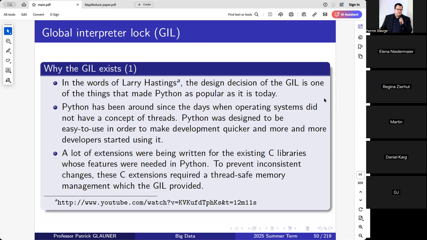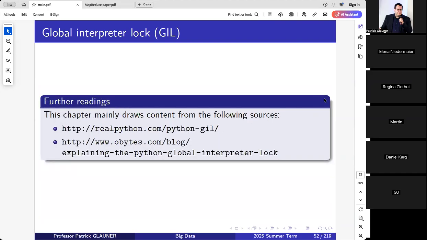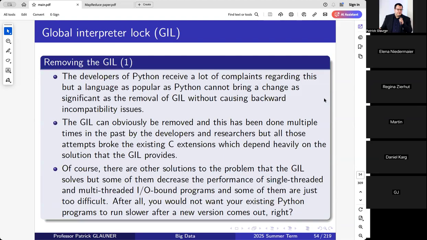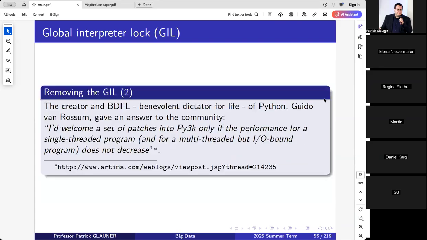There may be others. We've discussed some benefits of the global interpreter lock, and we looked how we can actually do multi or parallel work by using multi-processes, multiple processes that run in parallel rather than threads. And currently, Python is undergoing some transitions so that the global interpreter lock is slowly being phased out step by step.